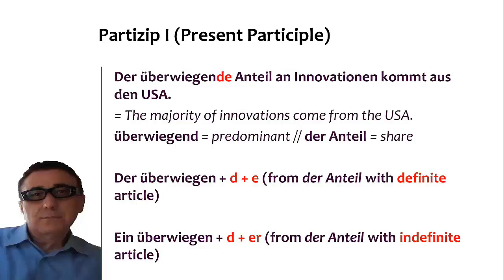If I'm talking about any share in general, then I can say ein Anteil. So in the definite form, the verb überwiegend, add D and E. In the other form, however, ein überwiegender Anteil. This final ER comes from the article der Anteil.